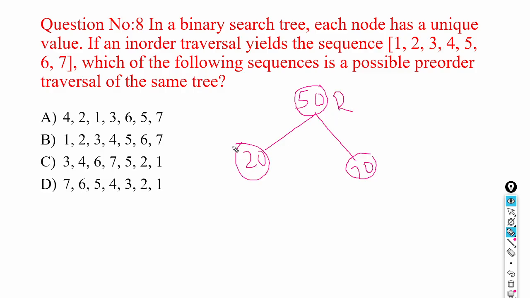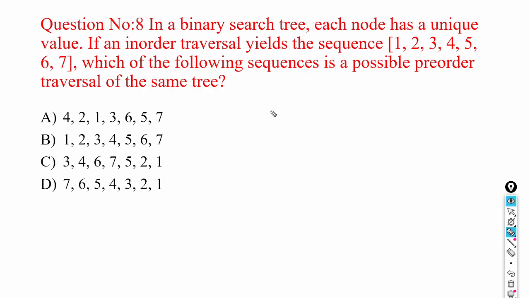The left side element is smaller and the right side element is greater than the root element. This is an example of a binary search tree.